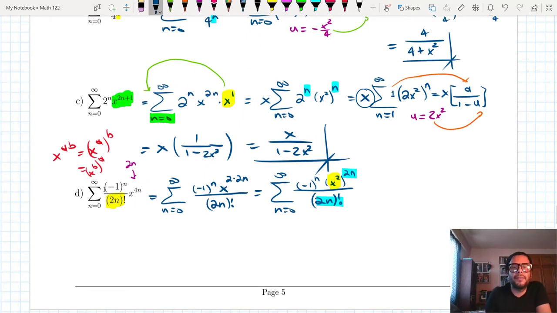This will be cosine of u, simply cosine of u, where u is the quantity highlighted in yellow. So all we do here is cosine of x squared.